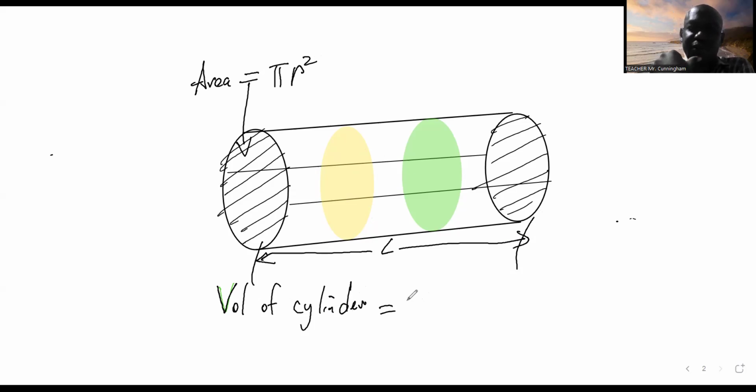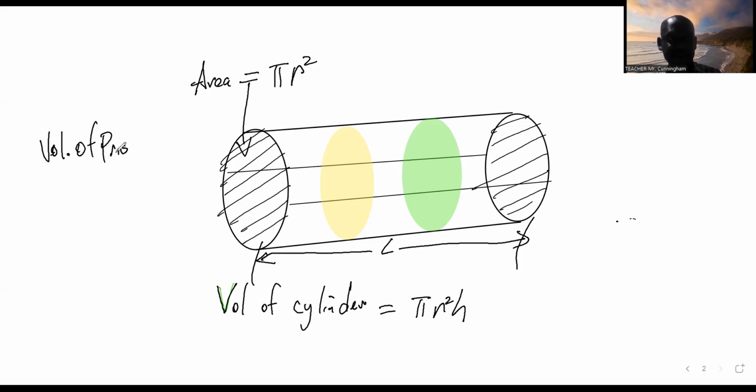That is why the volume of a cylinder is pi r squared times height. Height or length, everybody okay? The volume of a cylinder is pi r squared times the height or the length. Same thing as the volume of a prism. A circular prism would be pi r squared, which is the cross-section area, multiplied by the length or height. Everybody okay with that, right?